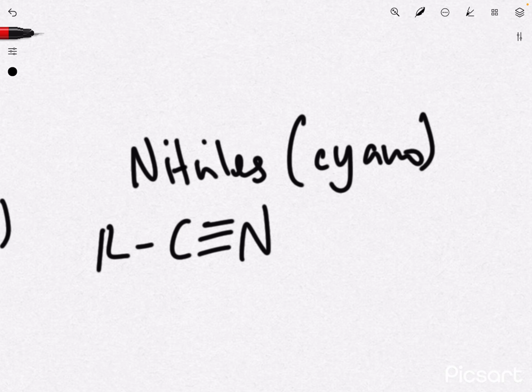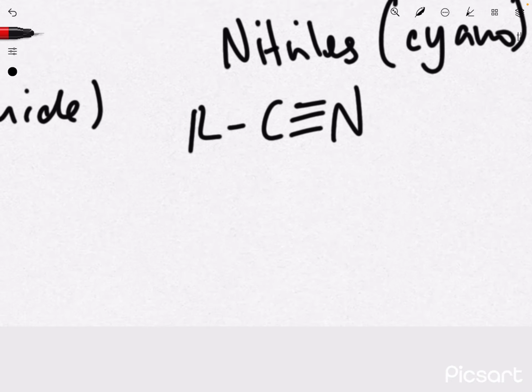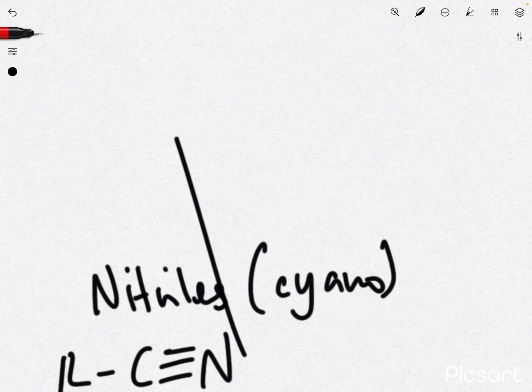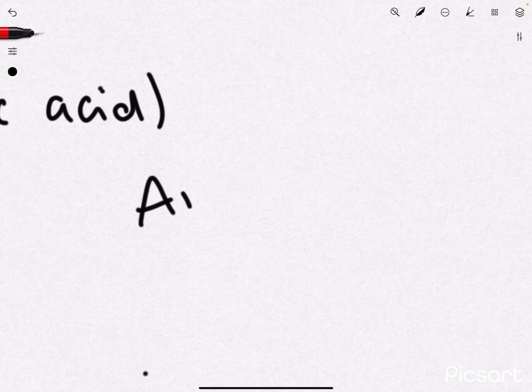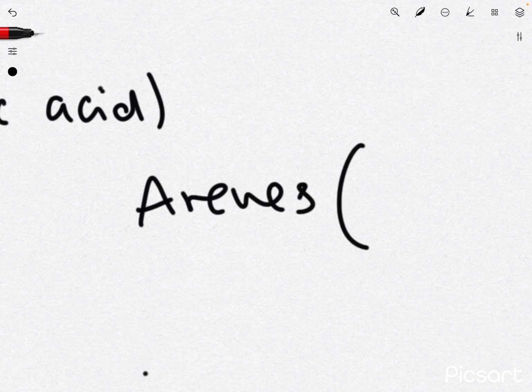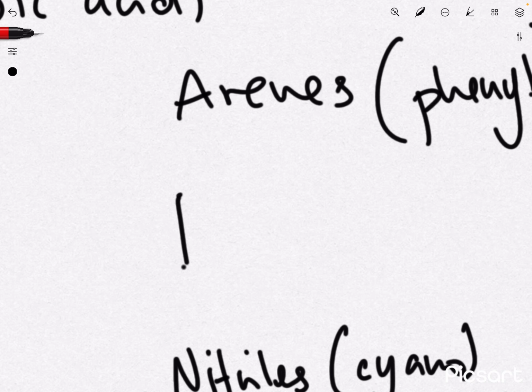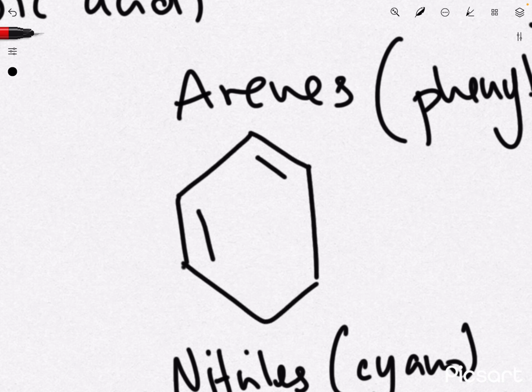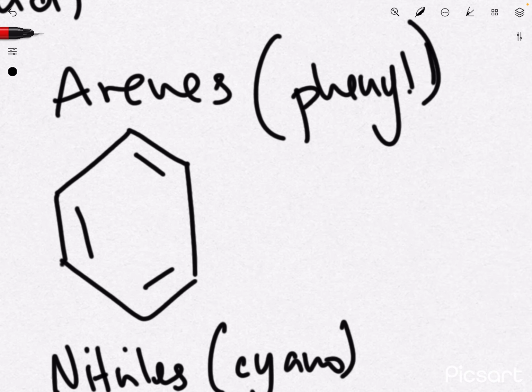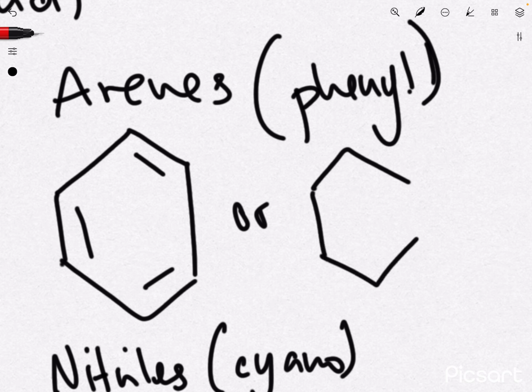And finally, for our functional groups, we have our arenes. These have a suffix of phenyl, so those are phenyl groups, and they present one of two ways of drawing their structure, because you can either have that on the left or this on the right.